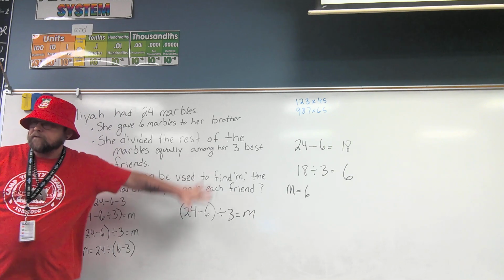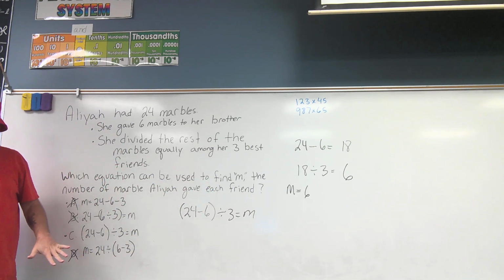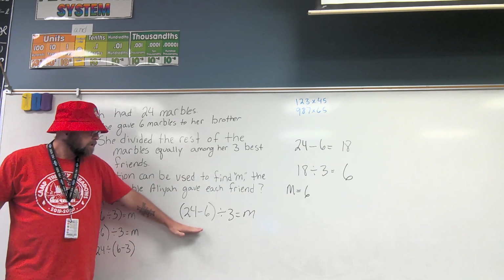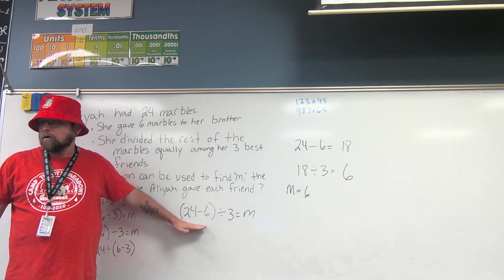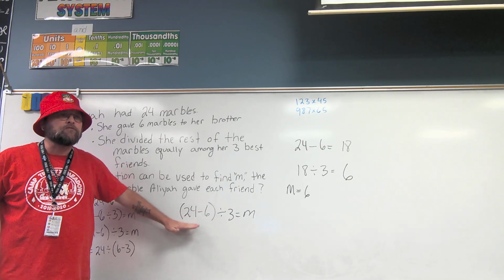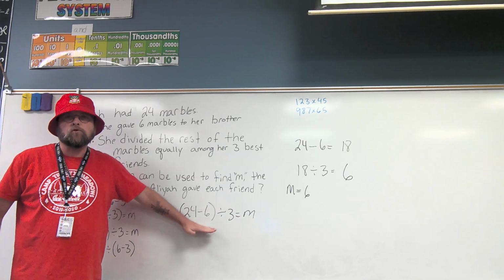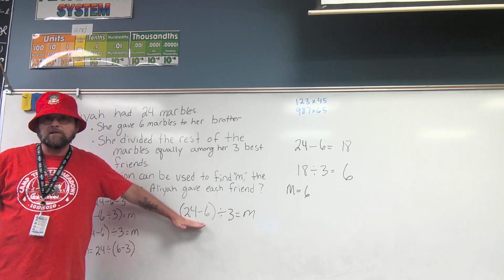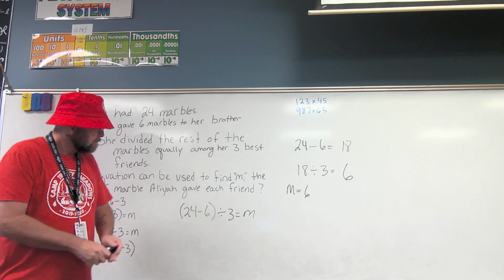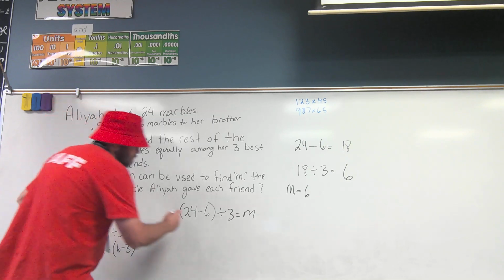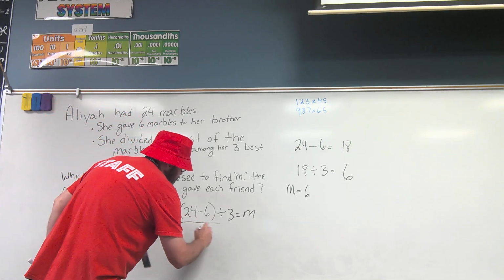Where do we start in this problem? The parentheses. I start with 24, subtract 6. I start with find the difference between 24 and 6. Difference means we're going to subtract. So that's where I start, which gives me 18.